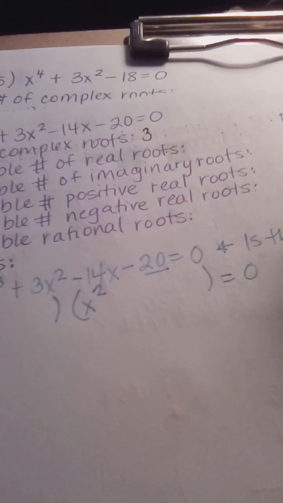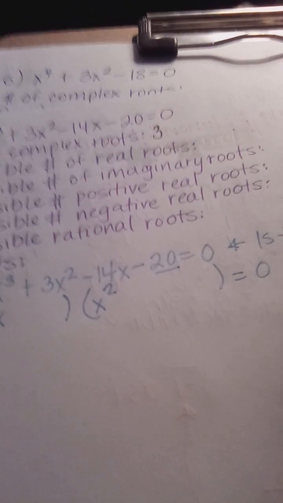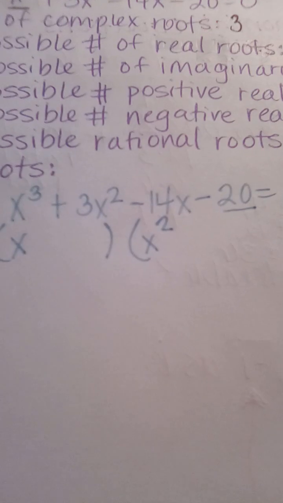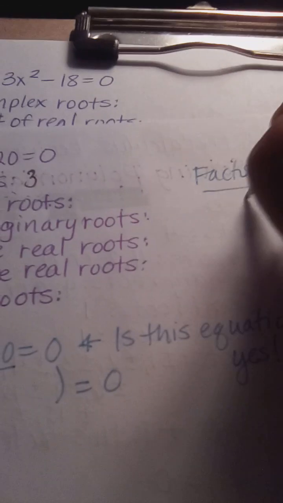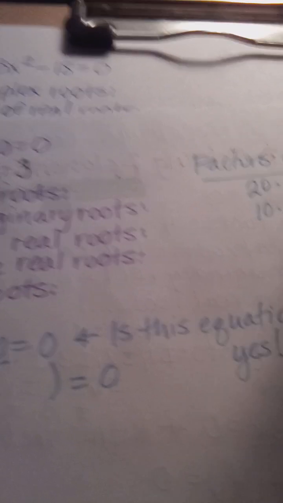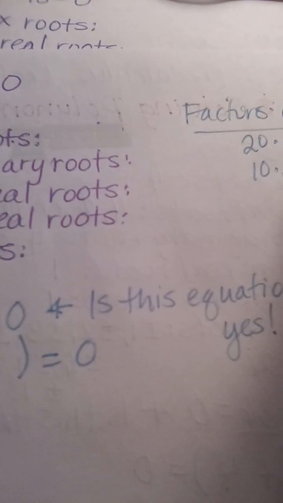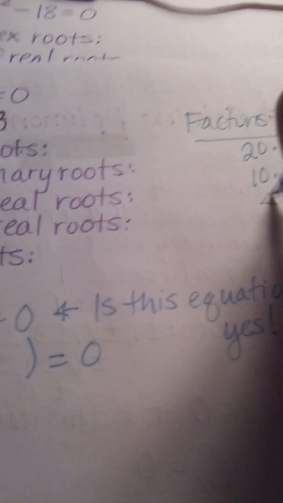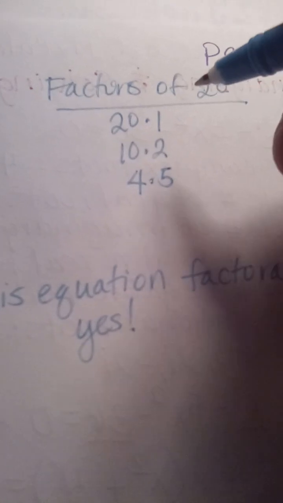Now factors. What numbers do you have? All right, let's go. We have 20 times 1, 10 times 2, and 4 times 5. Any more factors of 20?